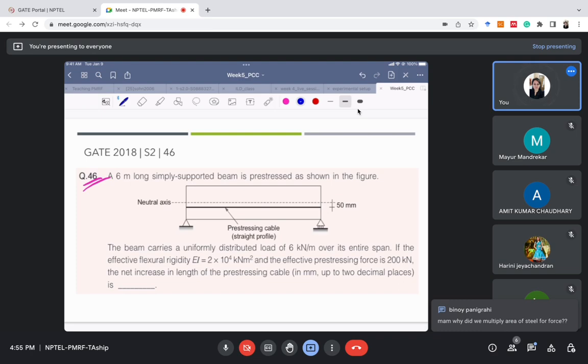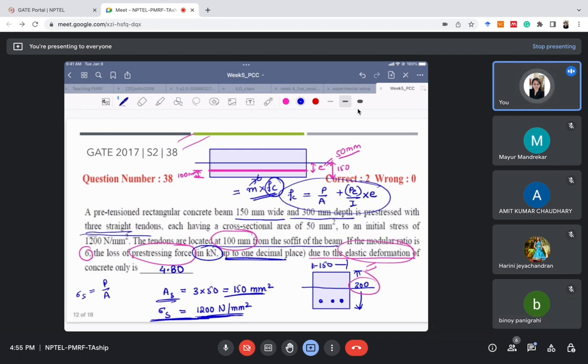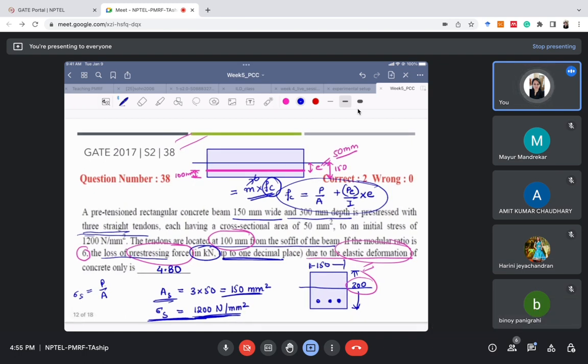Why did we multiply by the area of steel? Because we need to find the loss of pre-stressing force due to elastic deformation of concrete. So loss always happens in the tendons. We are stressing the tendons, and the tendons transfer the force to the concrete, so whenever we need to find the loss, there is always a loss in the tendons.